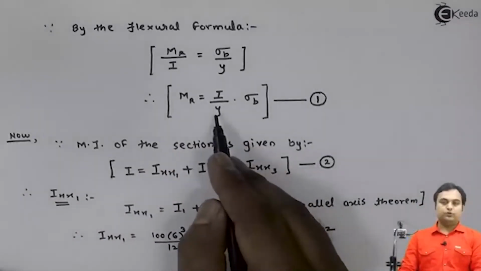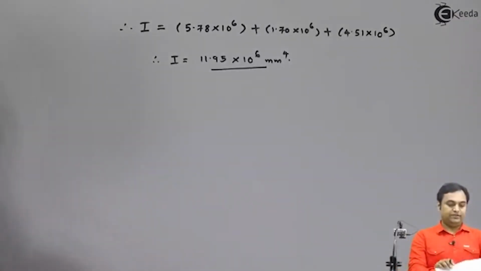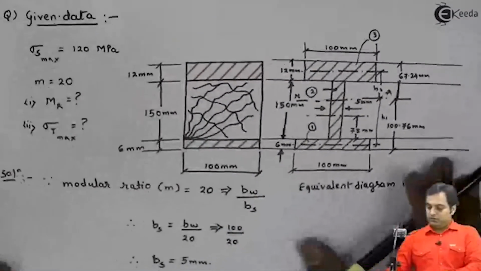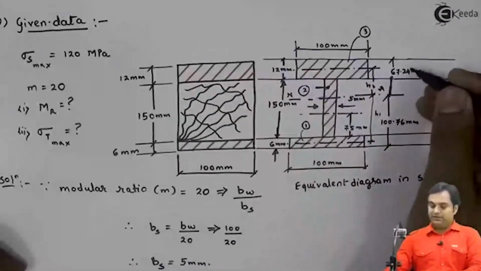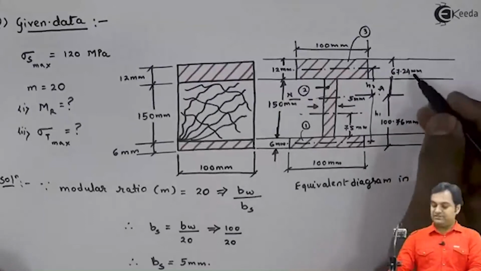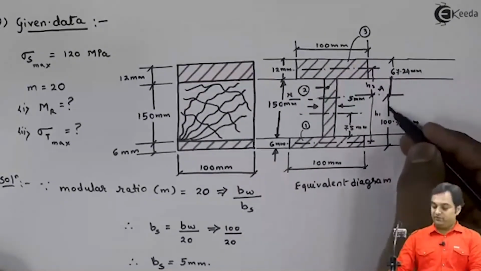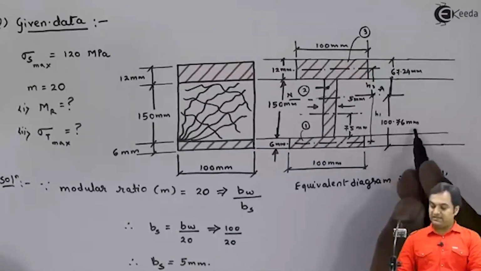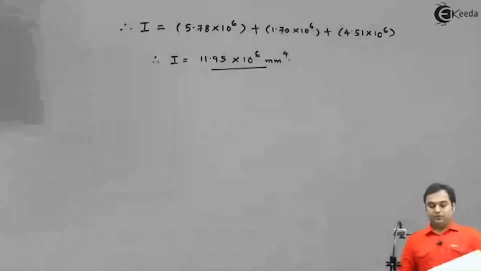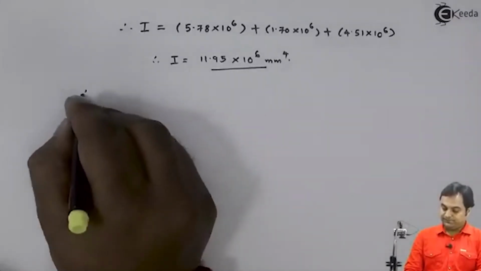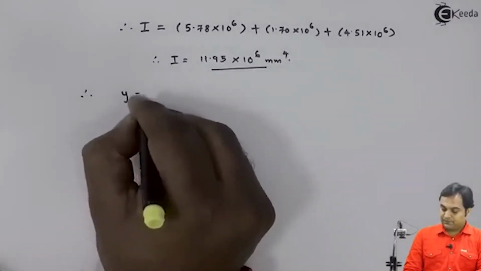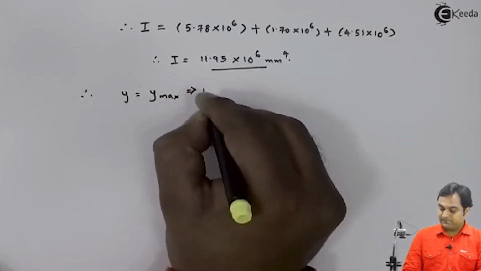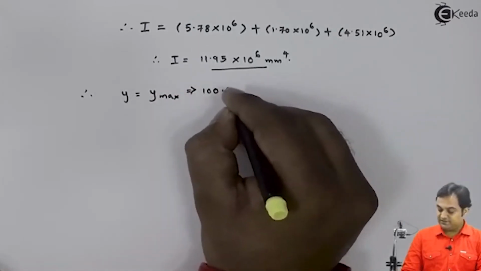So we would be going on to this Y. If I show you the diagram, out of the two values, that is 100.76 and 67.24, we have to select the maximum value of Y. So my maximum value of Y is 100.76 mm. I will say that therefore Y is equal to Y max, and that Y max is 100.76 mm.